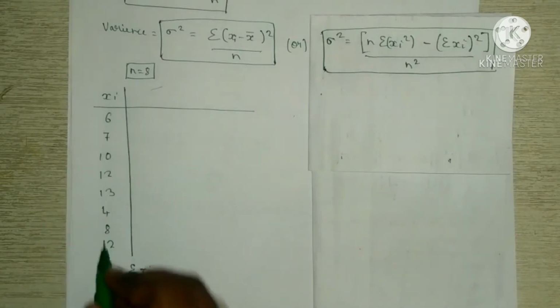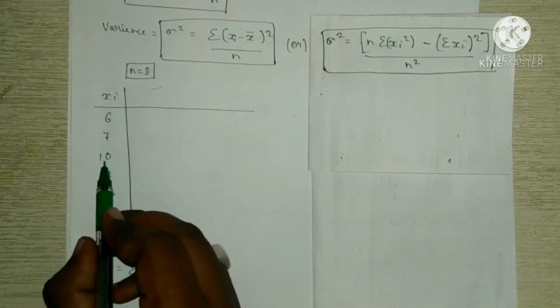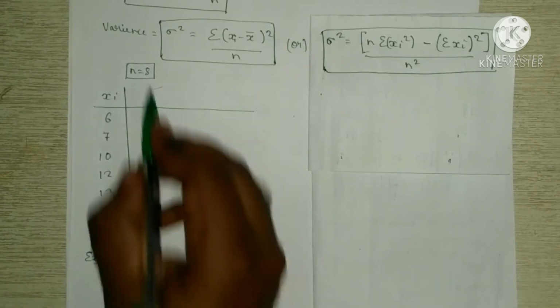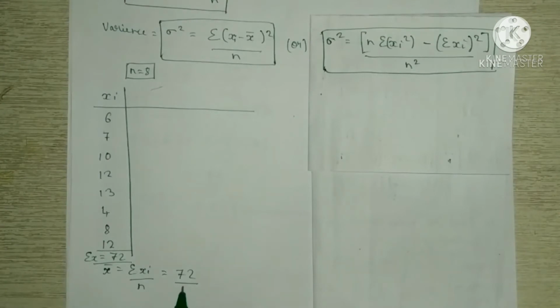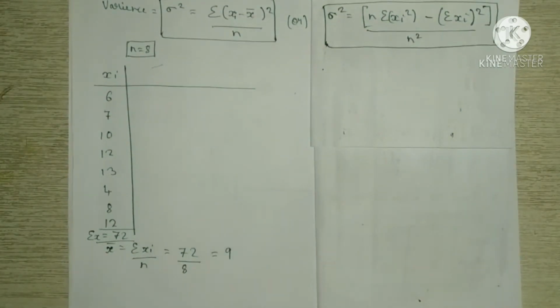Summation xi, add everything: 6 plus 7 plus 10 plus 12 plus 13 plus 4 plus 8 plus 12 is nothing but 72. You got 72. 72 divided by n, which is 8, you will get 9. So x bar is equal to 9.